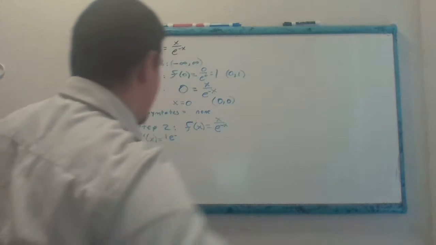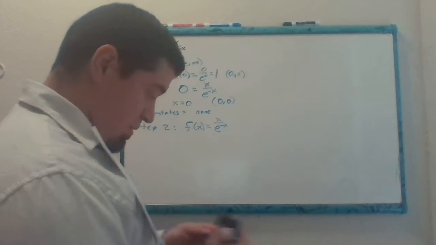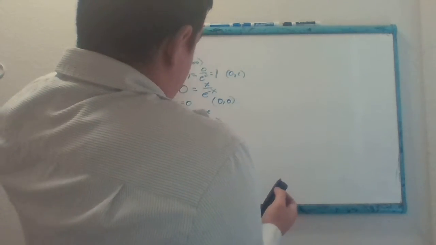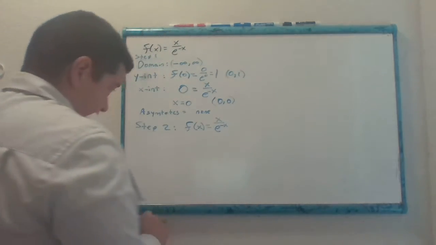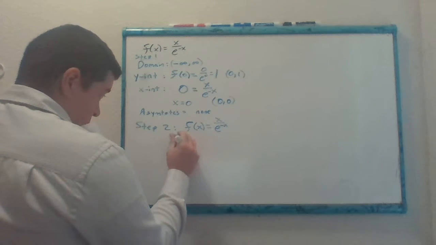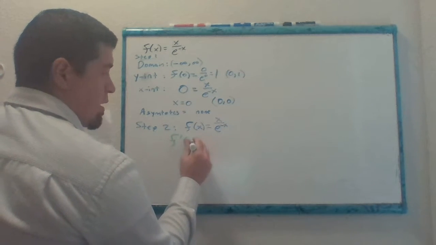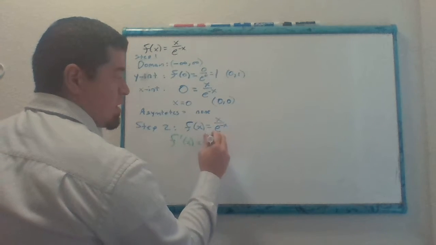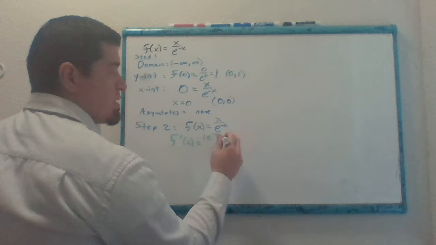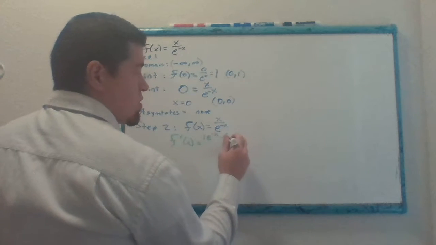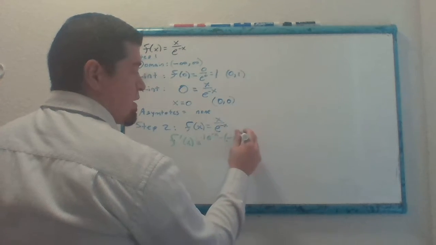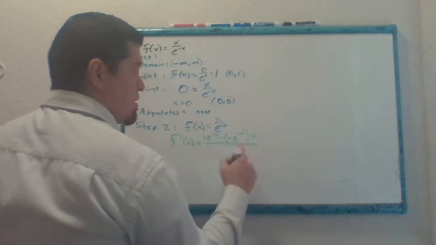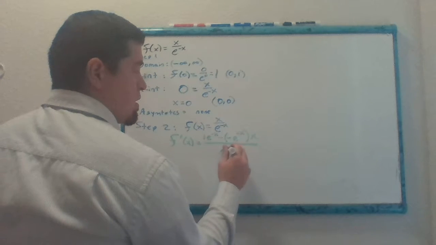Let me change colors on step 2 so that we can differentiate a little bit. Okay, so here we go. The derivative of the first is 1 times the second unchanged, so e to the negative x, minus the derivative of the second, so minus negative e to the negative x, times the first unchanged, over the second squared, e to the negative x squared.